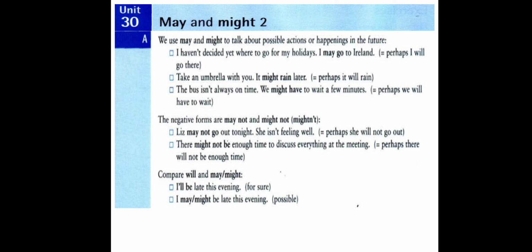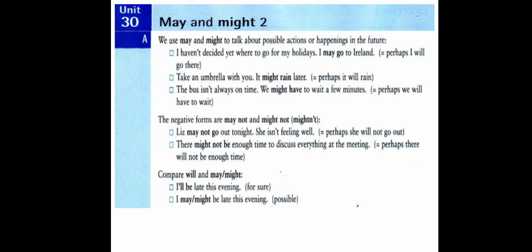There might not be enough time to discuss everything at the meeting, the coming meeting. So we use may or might plus not plus the base form, is becomes be. There might not be enough time to discuss everything at the meeting. It means perhaps there will not be enough time.